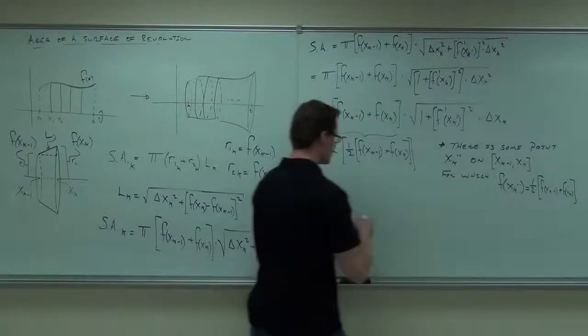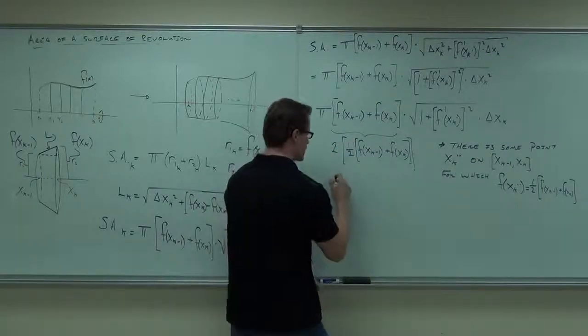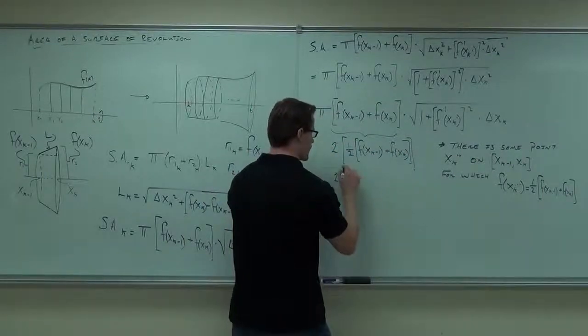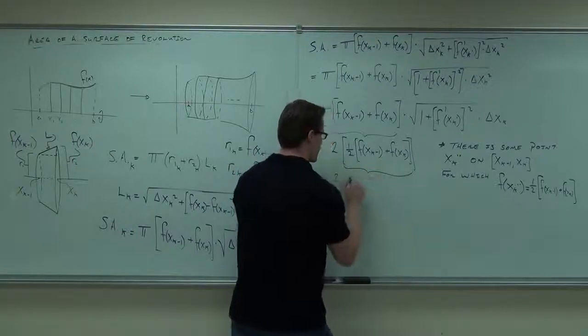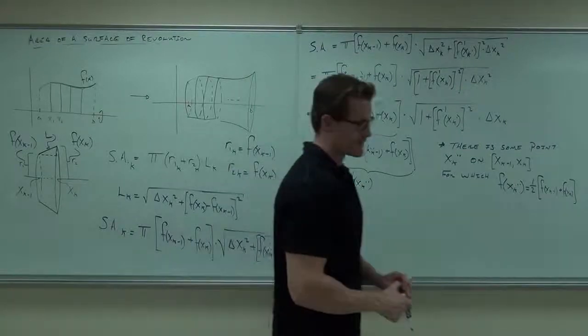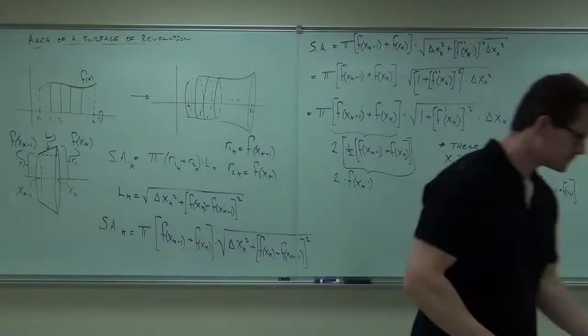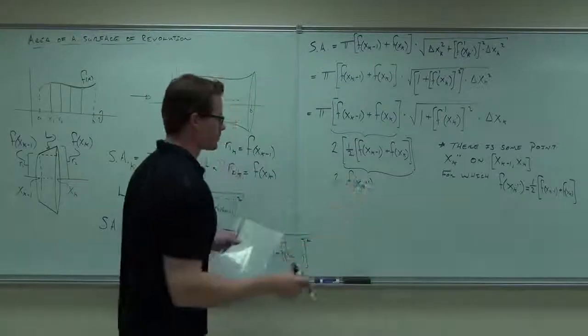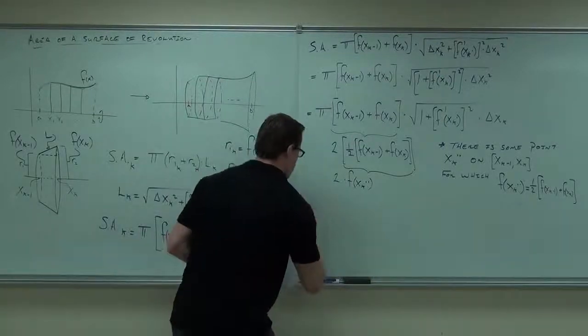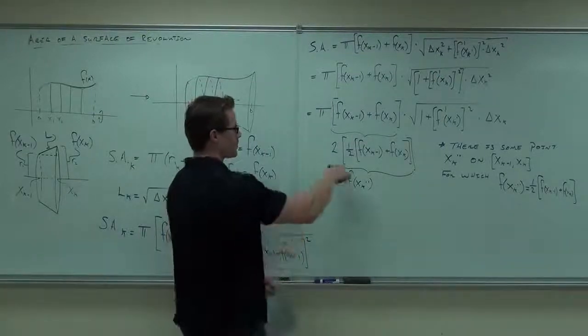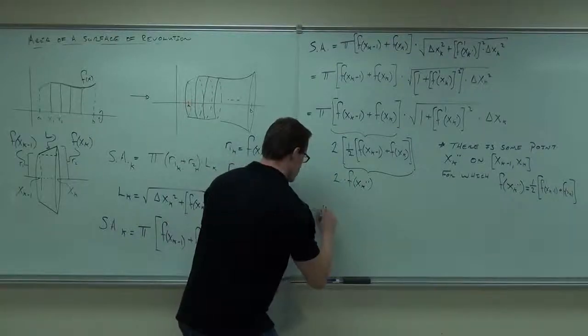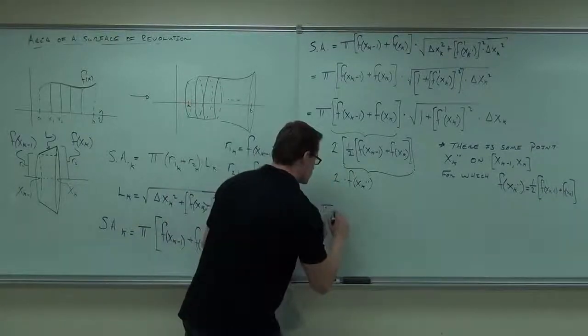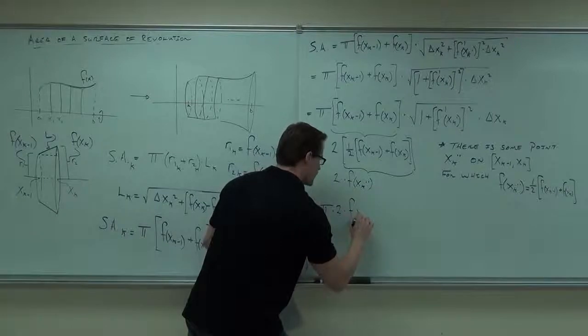It has to happen. So I'm going to let this become 2 times f of xk dot dot. So let's see, we're almost done. We have now a 2, a pi, a 2, f of xk dot dot.